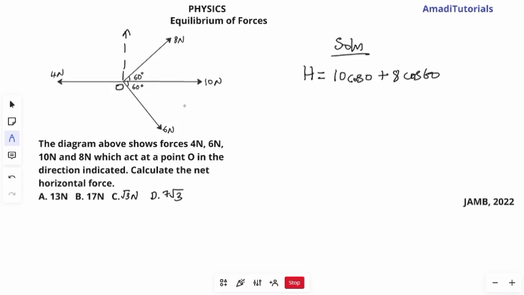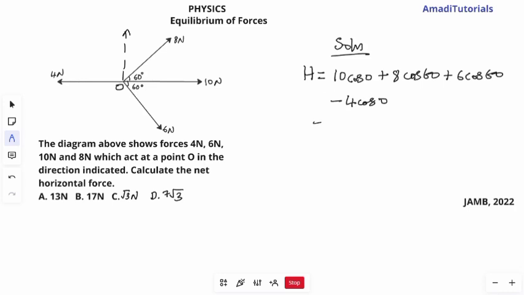We continue: resolve that of 6, plus 6 cos 60, then minus the total force in the opposite direction. In the left direction, there's only one force acting, and that is 4 Newton. Even if you write 4 cos 0, it's the same thing, because the angle with respect to the horizontal is 0 and cos 0 is 1.